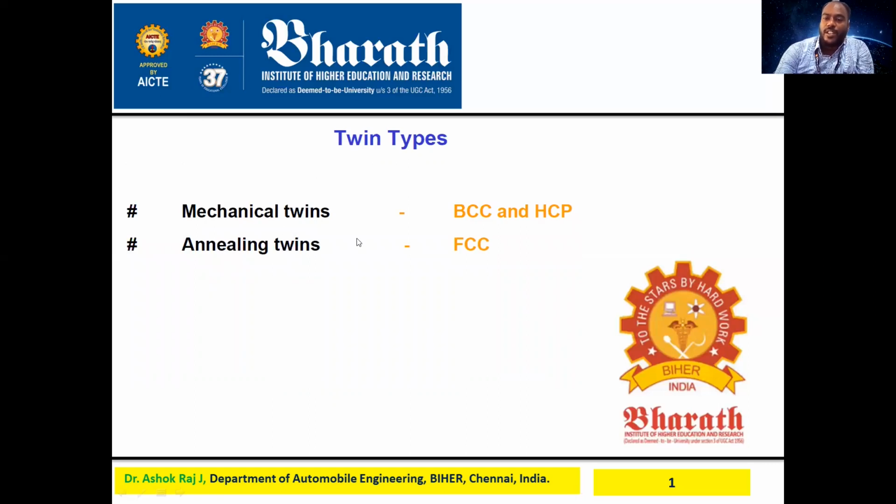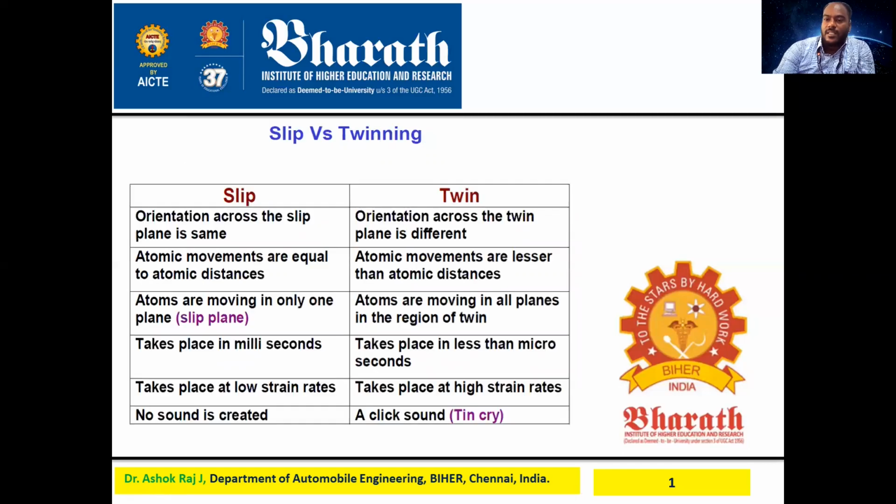One is the mechanical twin. Mechanical twins happen in BCC and HCP materials like steel, most steel materials, magnesium, titanium, and manganese. Annealing twins occur in FCC materials like copper, aluminum, and beta iron materials.